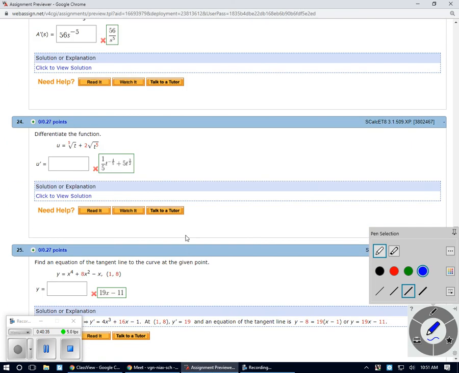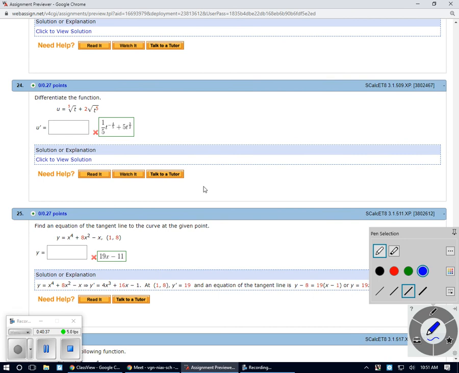Anyway, that's fine. Okay, so now this has the radicals, right? So this is t to the what power? It's a fifth root, 1/5. And this is the square root, so you're going to put 2 on the bottom, it's a 1/2 power.